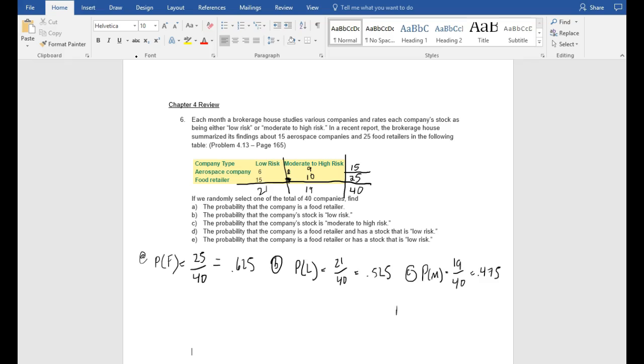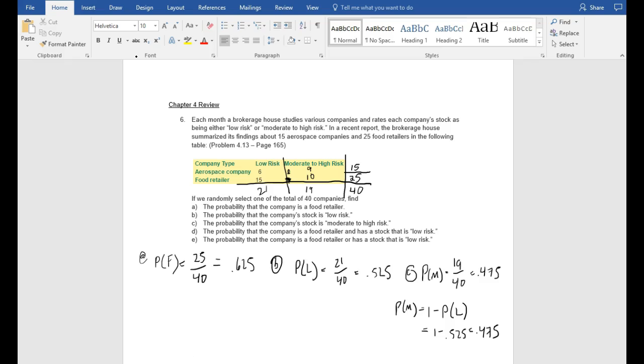So we could have defined the probability of moderate to high risk, P of M, is equal to 1 minus the probability of the low risk. And that would have given us the same answer. So that's just our complement rule. So we can define one of them as low risk, and then the other one is like not low risk. So then that would have just given us 1 minus 0.525, and then also given us the correct answer.